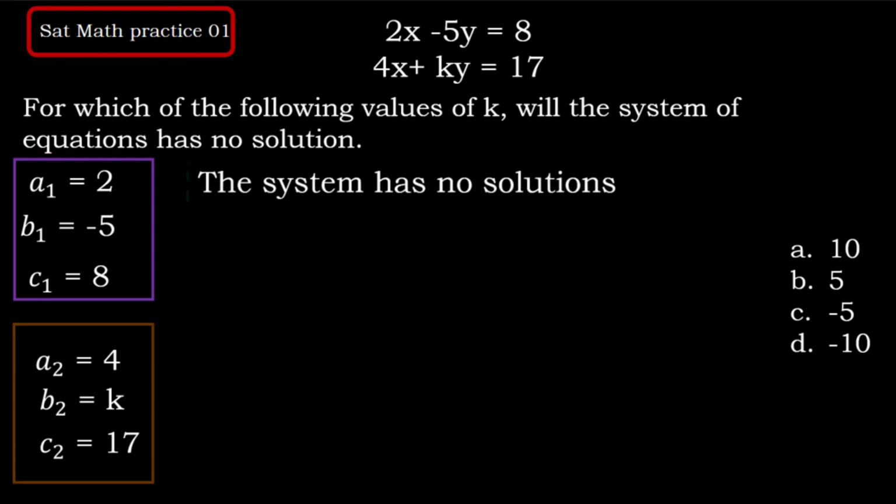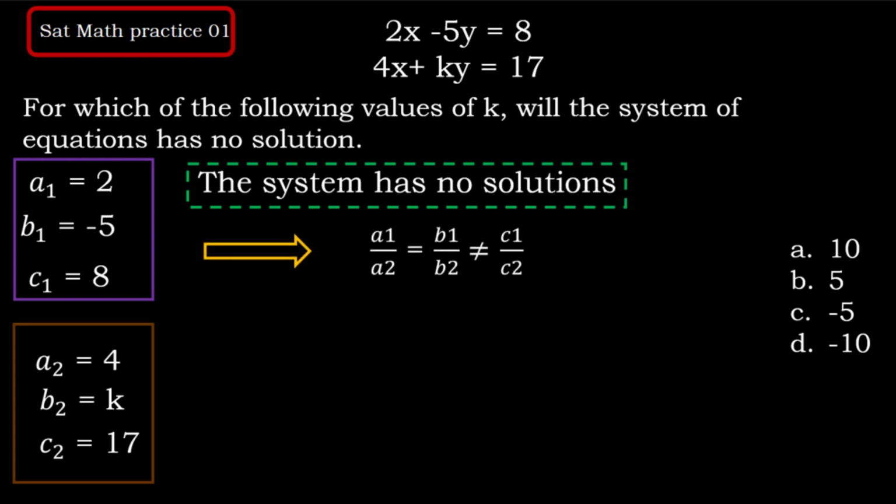Now the system has no solution, so we will deduce that a sub 1 over a sub 2 equals b sub 1 over b sub 2 is not equal to the ratio between the two constants. Now plug in the numbers 2, -5, and 4 and k.